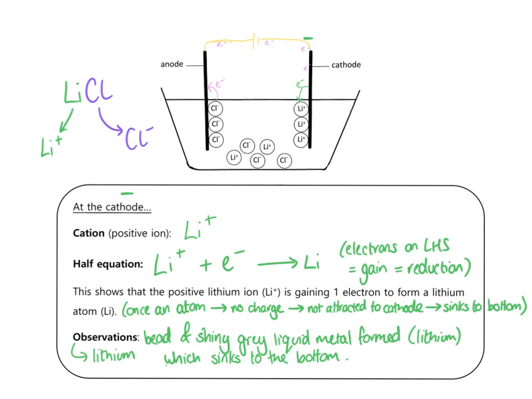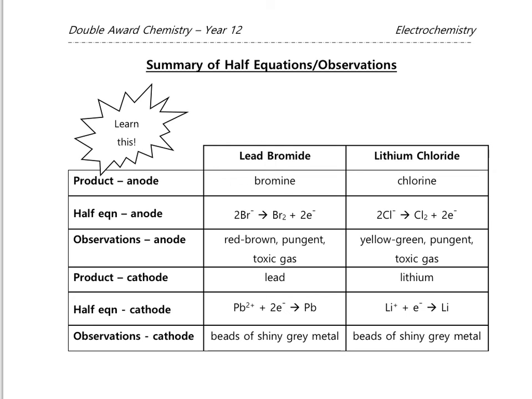So our observations at the cathode we've just discussed, and our half equation is there as well. So you need to know these half equations for the anode and cathode, and the observations for the anode and cathode, for lead bromide and for lithium chloride. If there's anything you need to go over again, please do that now. But over on the next page, you have a summary of your half equations and observations for lead bromide and for lithium chloride.